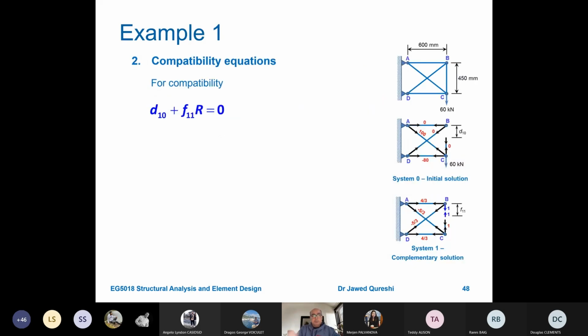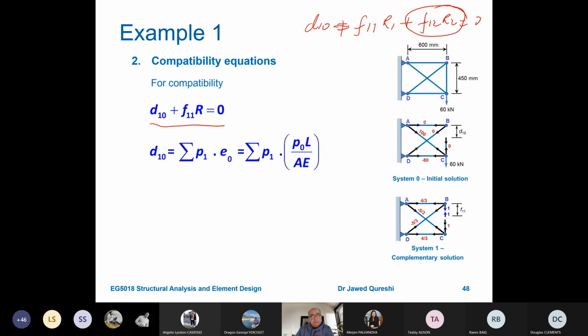Now I have this information for the virtual system and for the real system, and then I will write this equation. Now previously I had two unknowns. In that case, D10 plus F11 R1 plus F12 R2 is equal to 0. But because I don't have any other force, I just have one redundant removed, so I will use this equation, the compatibility equation. And now, as you know, D10 is equal to P1 into E0.